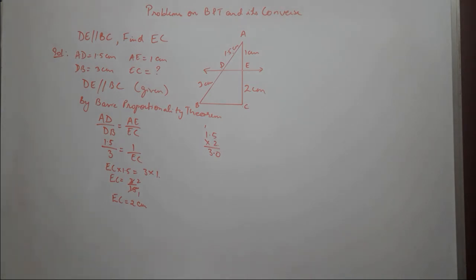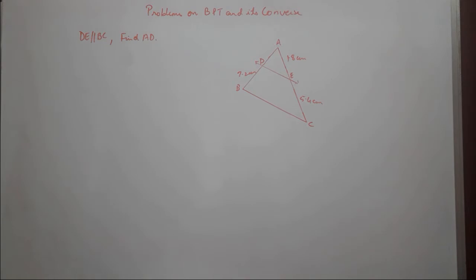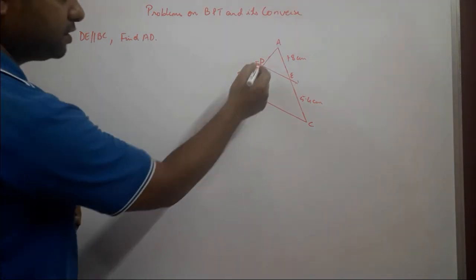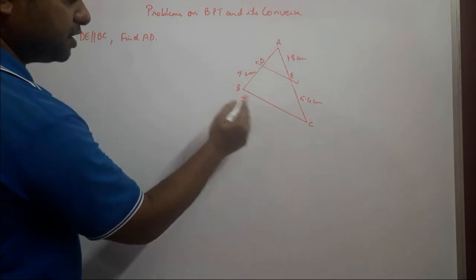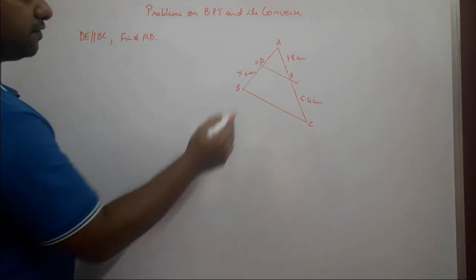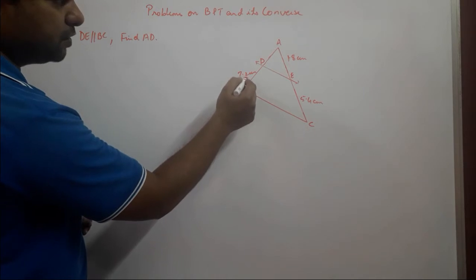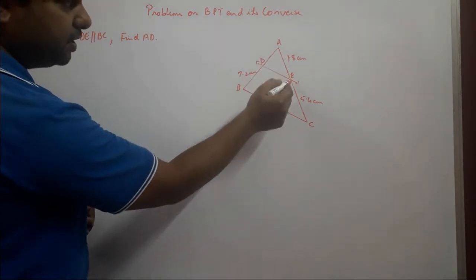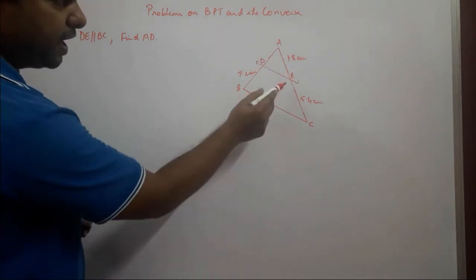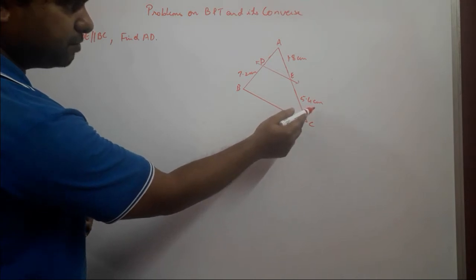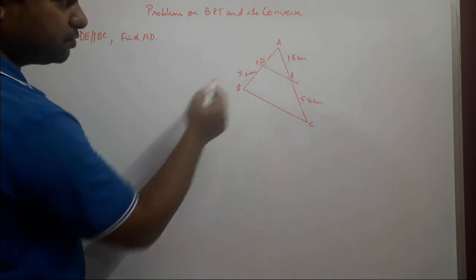Let's solve another problem. In this problem, we have been given that DE is parallel to BC, and we are given the length of DB, which is equal to 7.2 centimeters, AE, which is 1.8 centimeters, and EC, which is 5.4 centimeters. We are asked to find out AD.